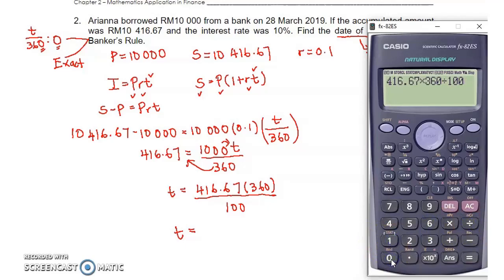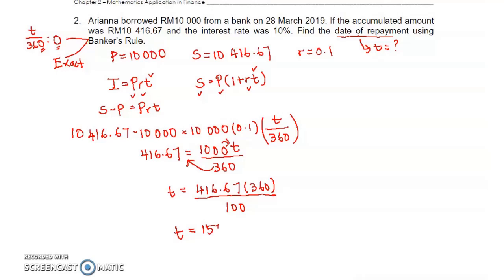That gives 150.0012, which you just round off to 150. So 150 days. Days and not years. T must be in years, but in this case it is days because we already divided by 360 here. So that's why here it is 150 days.